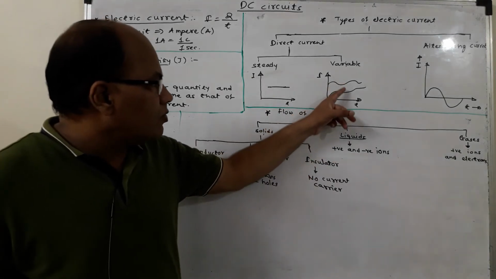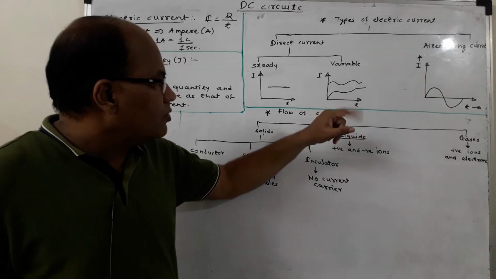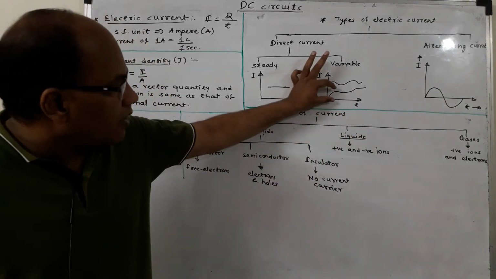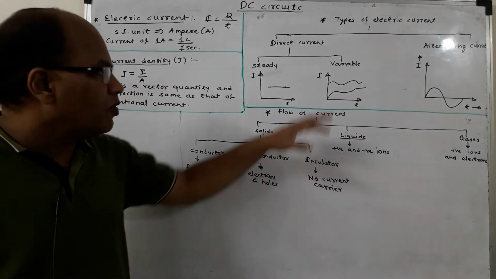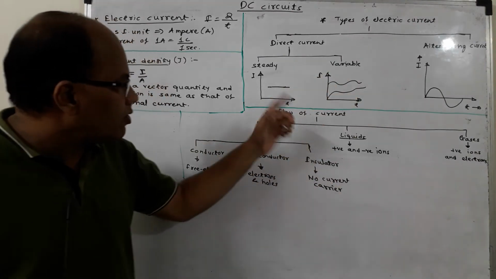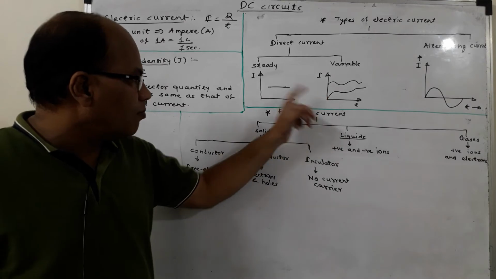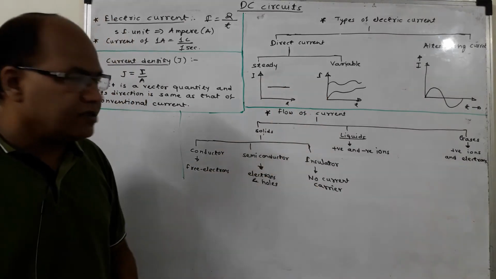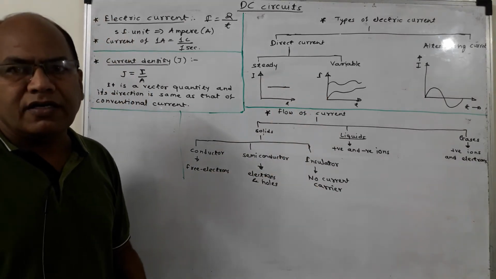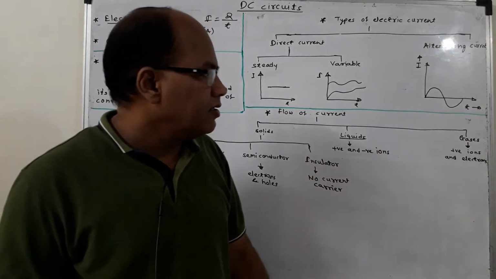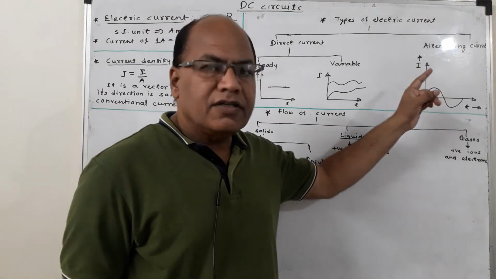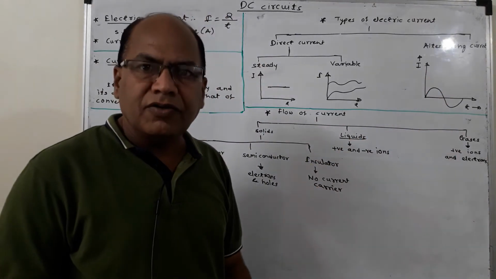Whereas I have shown two graphs over here. Now these two graphs indicate that the magnitude of the current is changing in both of the cases, whereas polarity remains the same. So what is important in these two cases is that magnitude may be changing, but the polarity remains the same. Whereas in case of alternating current, the magnitude is a function of time. Magnitude changes with time.